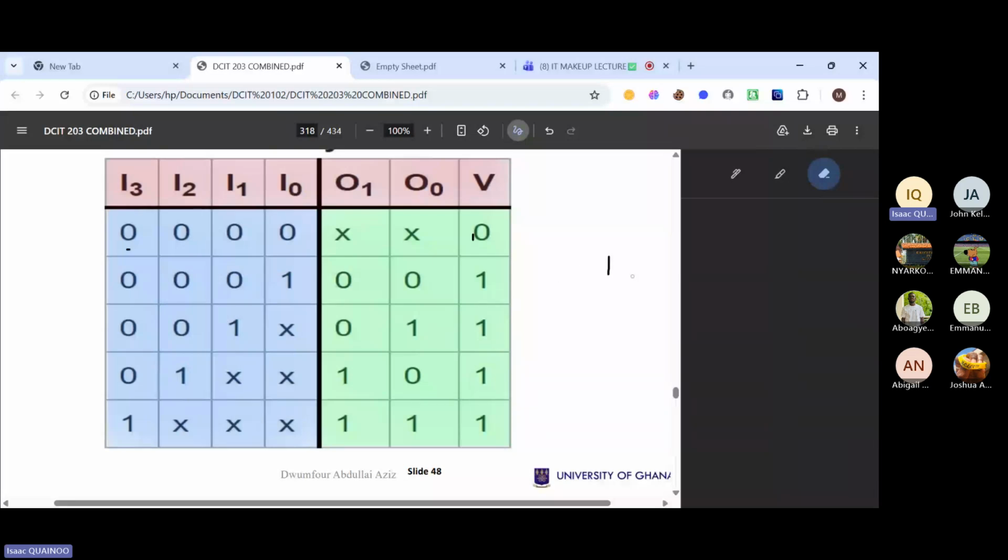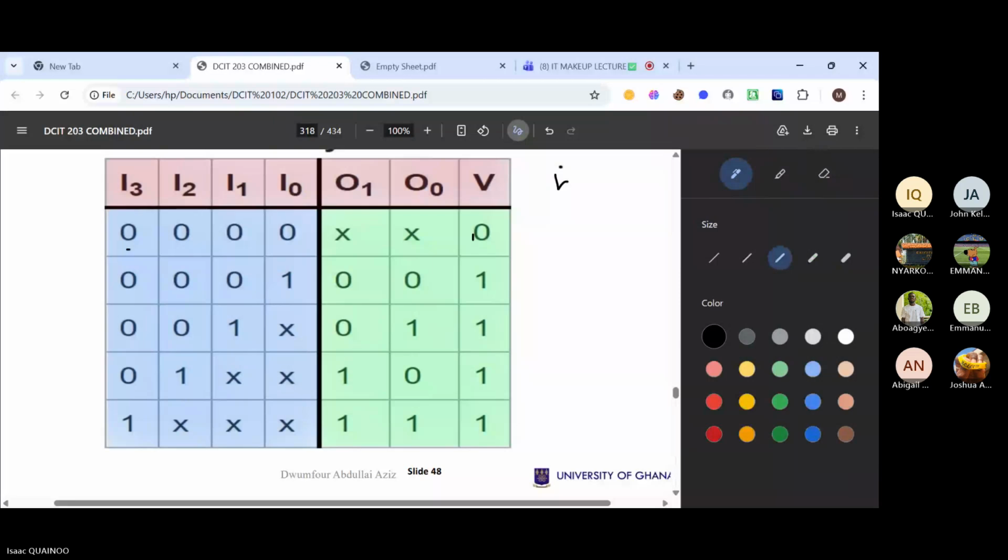This truth table is a 4:2 encoder. A 4:2 encoder will have 4 inputs, so we have I0, where the I represents input. So we have input 0, input 1, input 2, and input 3.